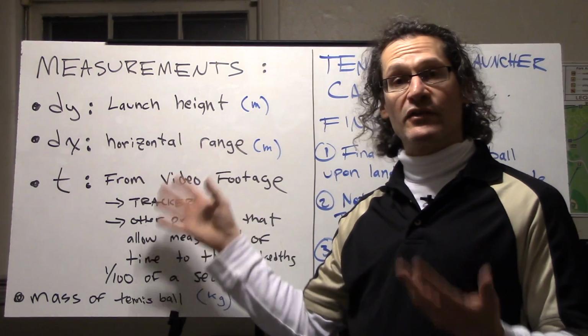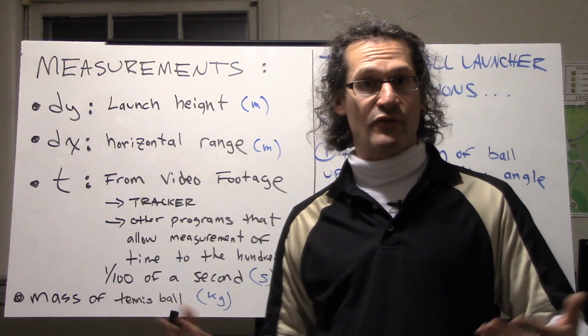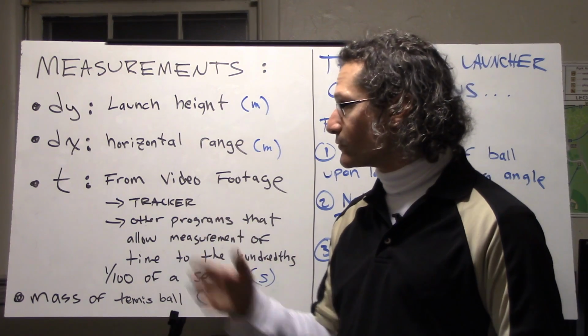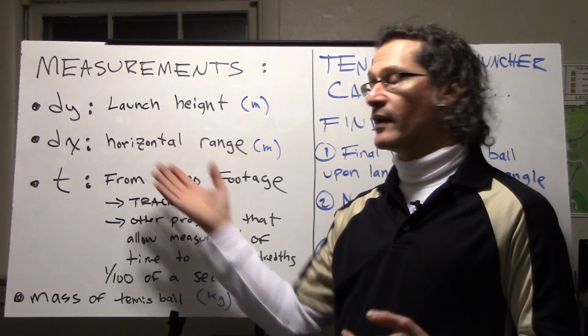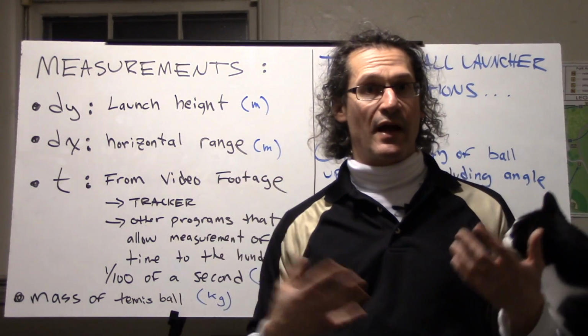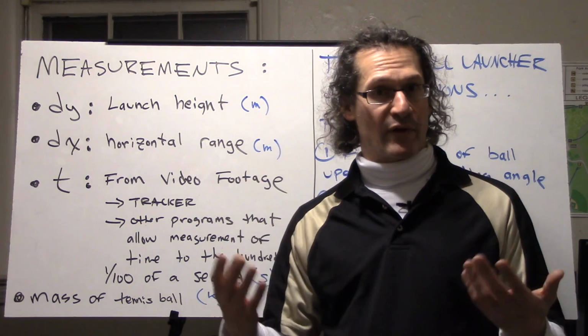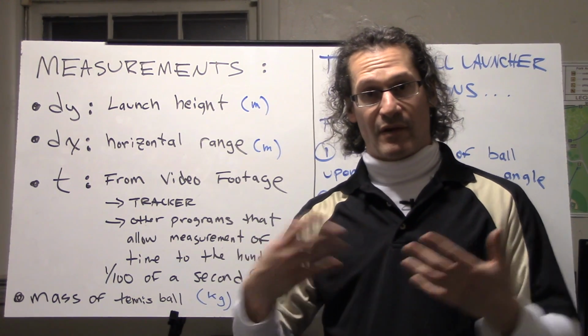You'll be making these measurements, I would say, against one of the gym walls or the bleachers, so that you've got a nice frame of reference for the video to get the time. And you can determine these things during the time when your catapult or tennis ball launcher, whatever the style may be, is not being assessed.